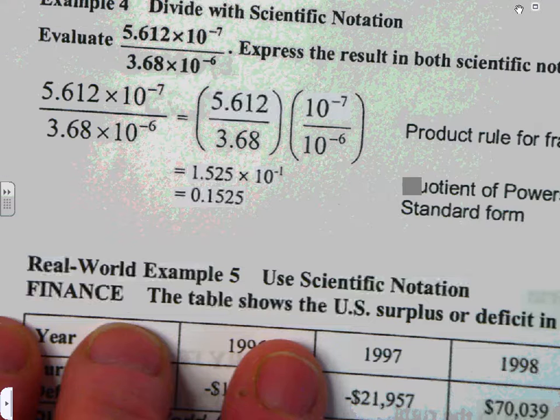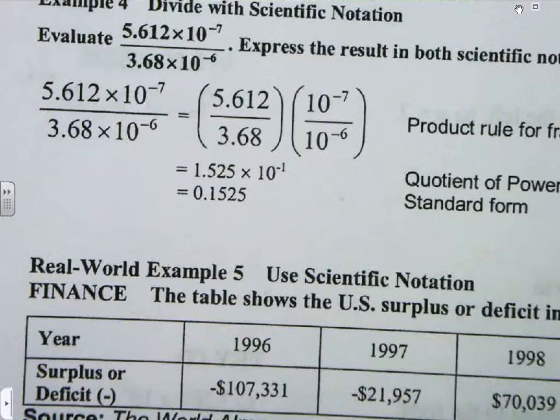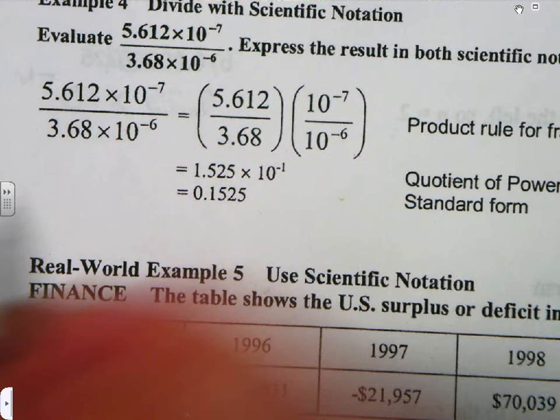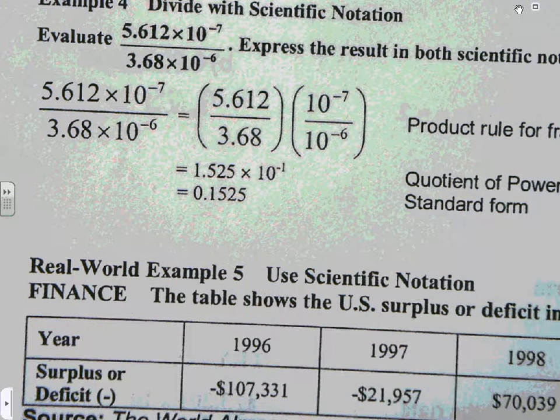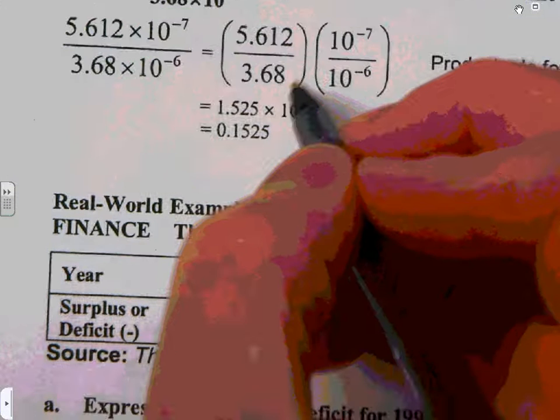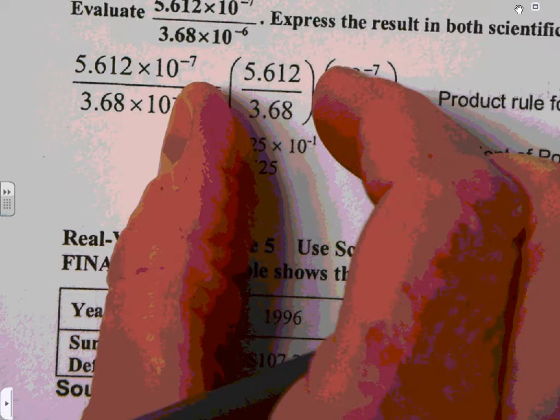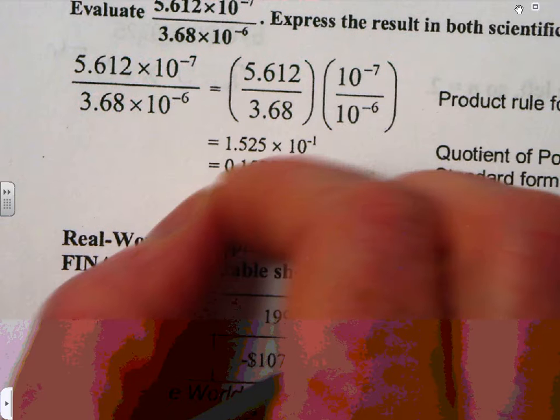Whatever. All right, let's do division. Division, you know how to do that, right? Normal numbers divided by the normal numbers. So it follows the same pattern. So you're going to break your problem into 2 sections. Your normal numbers, just divide them in the calculator and come up with your number.